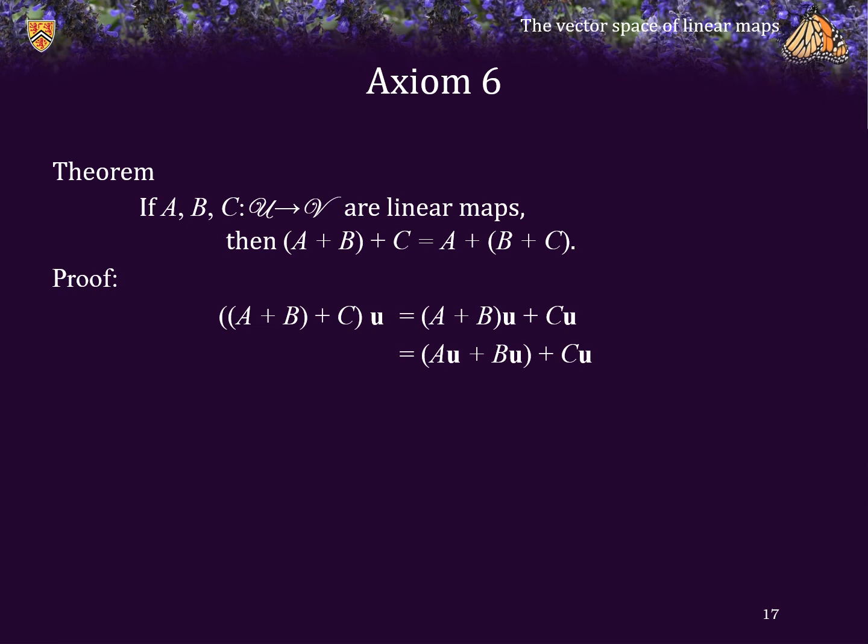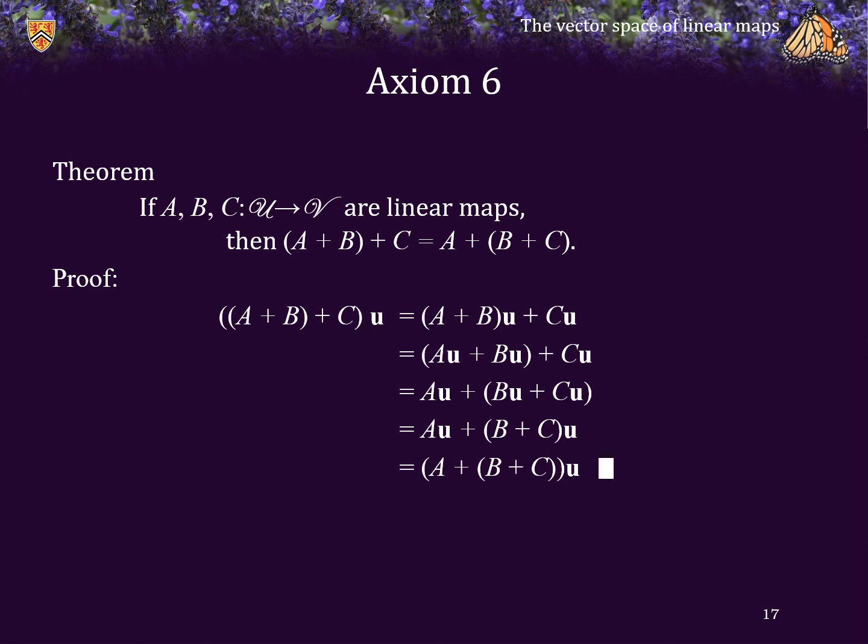However, AU, BU, and CU are all vectors in V, and vectors in V associate. Thus, we can write it as follows. However, we now notice that BU plus CU is just the sum B plus C applied to U, and now we have AU plus a linear operator B plus C applied to U, and that factors out.